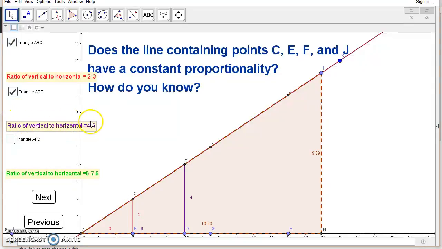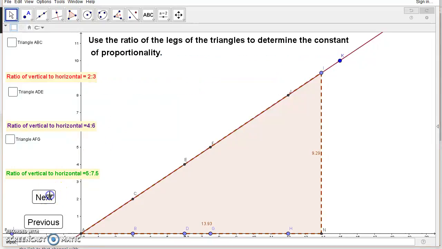It was 4/6, yeah, but what did that reduce to? It reduced to 2/3, right? And when I look at triangle AFG, my ratio is 5:7.5, but that also reduced to 2/3. So what is my constant proportionality? It is 2/3. And how do you know? Because we worked it over and over again.